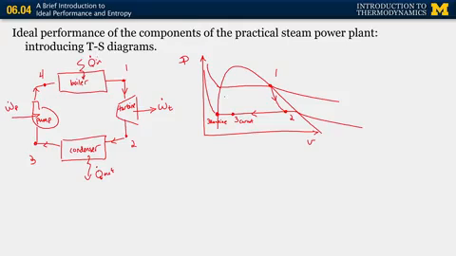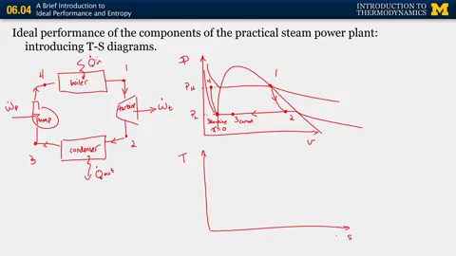So we're going to put that right on the quality of X equals 0 on the low pressure line of the condenser. And then we're going to pump our fluid up to the pressure required for the entrance to the boiler. And that's going to be state 4. So this is the high pressure line in the system.